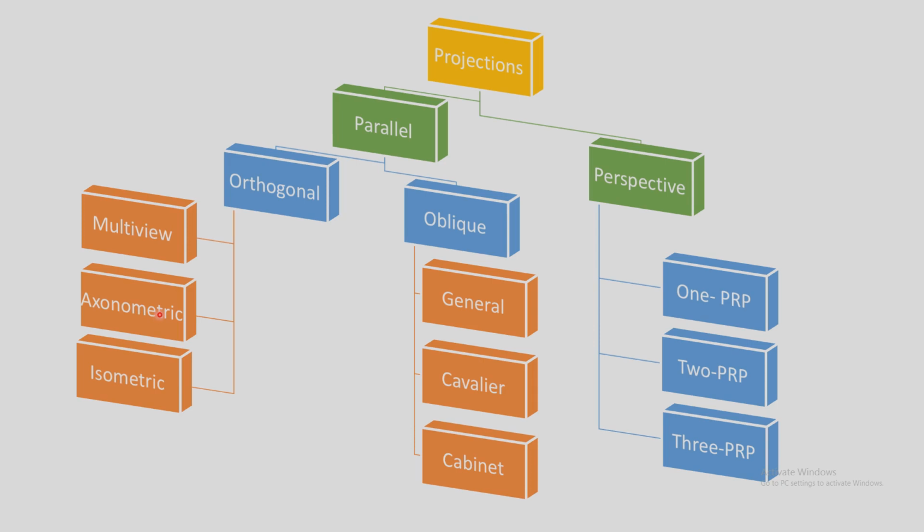Similarly, we can have axonometric also. Axonometric shows all the faces of the object in just one projection. It can be dimetric, it can be trimetric and it can be isometric, as we learned.